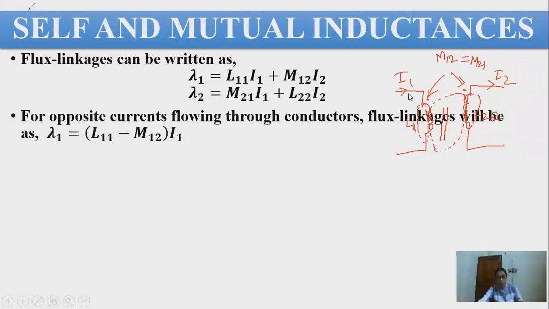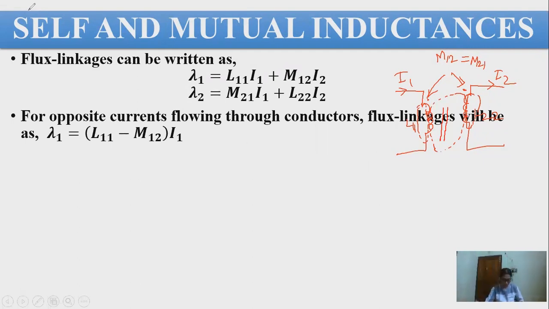Now, we are assuming here the net current is 0, that is, the two conductors are carrying equal current but in opposite directions. That's why I1 plus I2 equals 0.